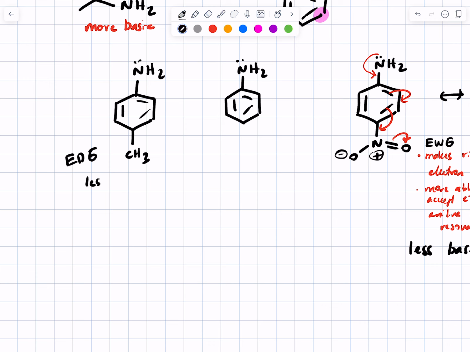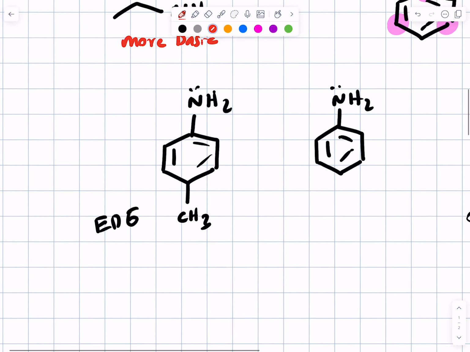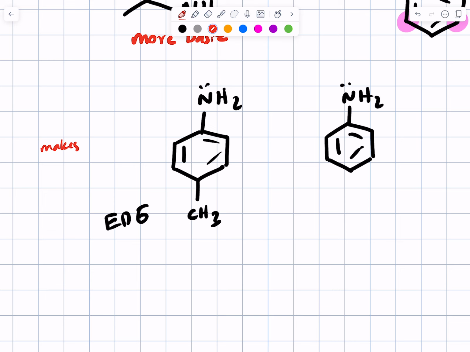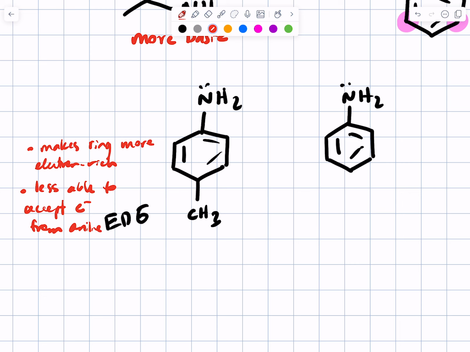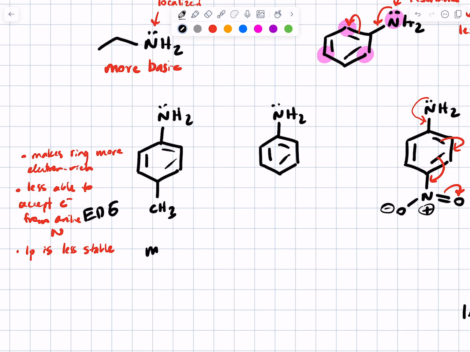Excellent, good, yeah. So the conclusion is that the electron donating group makes the ring more electron rich, which means it is less able to accept electrons from the aniline nitrogen, and therefore the lone pair is less stable, which would make the alkyl substituted aniline more basic.